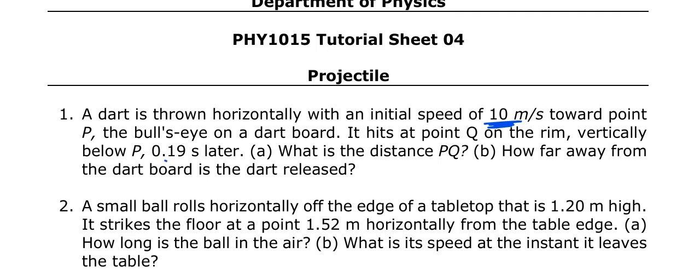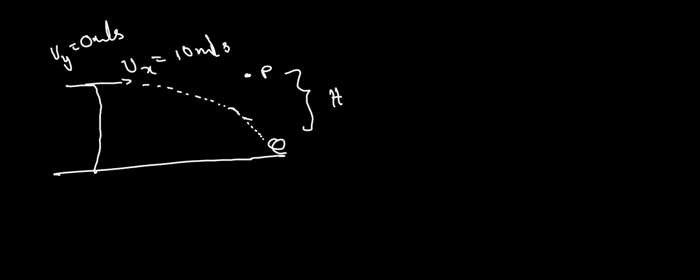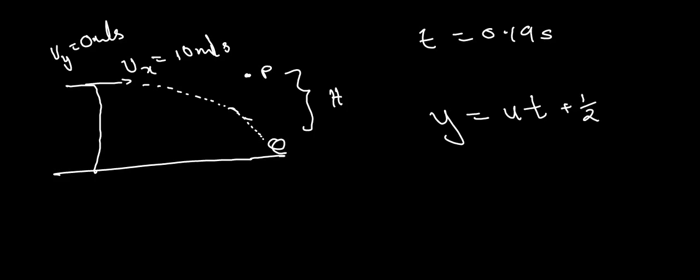Then vertically, the time has been given. What is the distance PQ? PQ being our height, the time is given. What can we do with the time that has been given, as we're looking for a height? The time is 0.19 seconds. So how do we get this distance in y? The distance in y is equal to the initial velocity in y times the time, plus half g t squared.